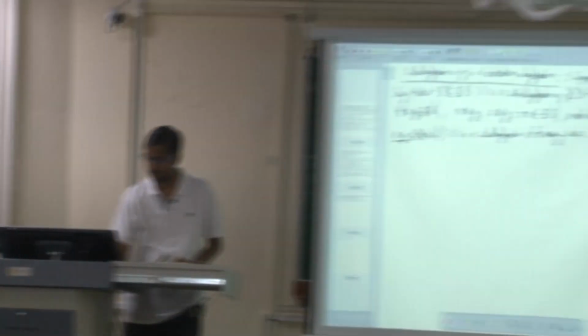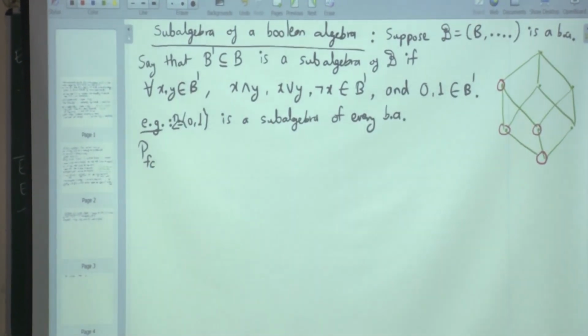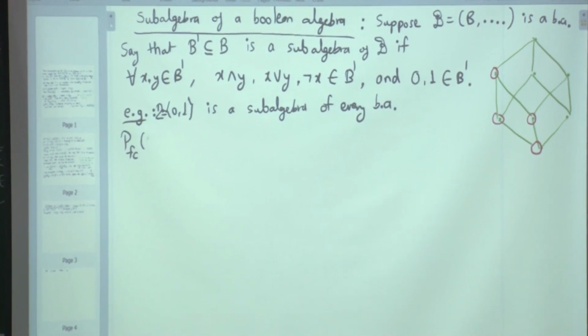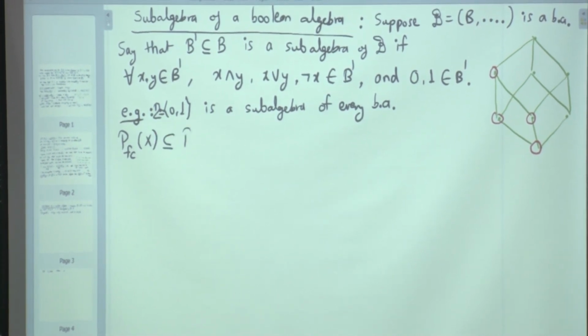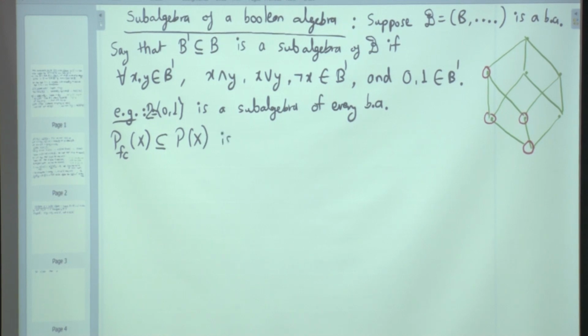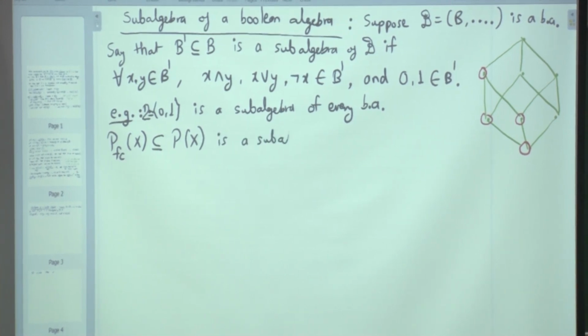Okay, another example, that PFC, the finite and cofinite subsets, is a subalgebra, because not only are we saying that it's a subset, PFC is a subset of PX, we are saying that intersection of any finite or cofinite subsets, union of any finite or cofinite subsets, as well as complement of any finite or cofinite subset is again so. Yeah, so therefore it is a subalgebra.